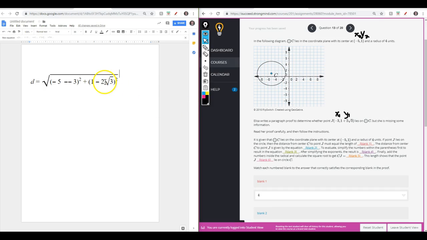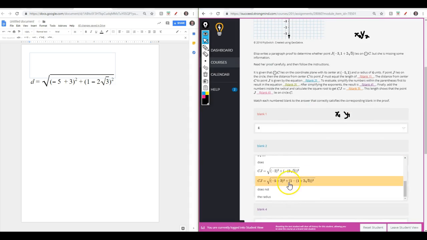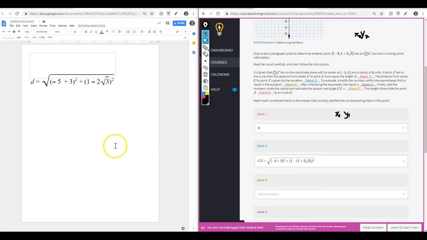So instead of rounding the decimal and throwing off the proof that way, they kept it in exact form. So remember, subtracting a negative simplifies to addition, so I'm looking for -5 plus 3 squared. So we would have -5 plus 3 being squared, plus 1 minus 2 square roots of 3 being squared.